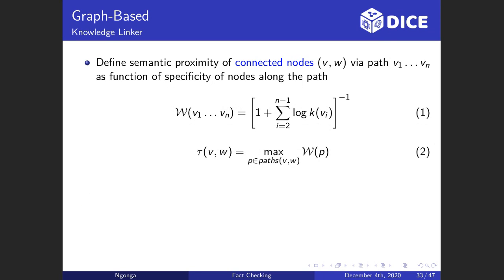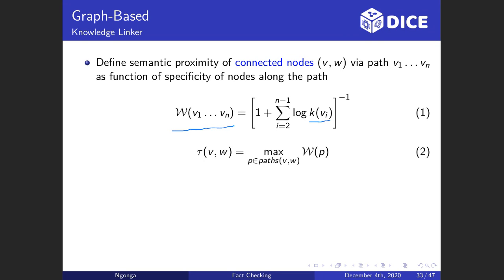Now, the semantic proximity of two nodes is going to be defined via a path. I can define what is called the semantic score of a particular path, i.e. of a particular sequence of vertices, by taking 1 plus the sum from i = 2 to n minus 1 of the log of the degree of the vertices.